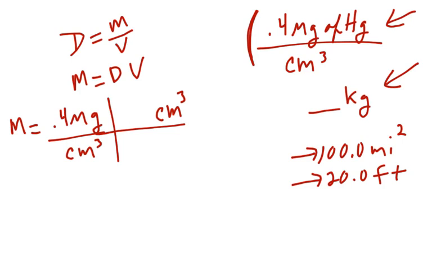So let's take this area in miles squared. So it's 100 square miles. And let's go ahead and convert that into square feet so that I can multiply it by the 20. If you remember how to do this, this is a little tricky. I have 1 square mile equals how many square feet?